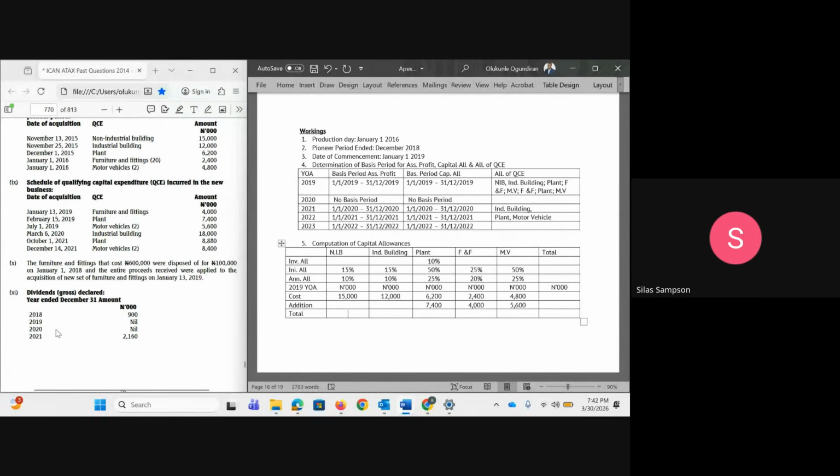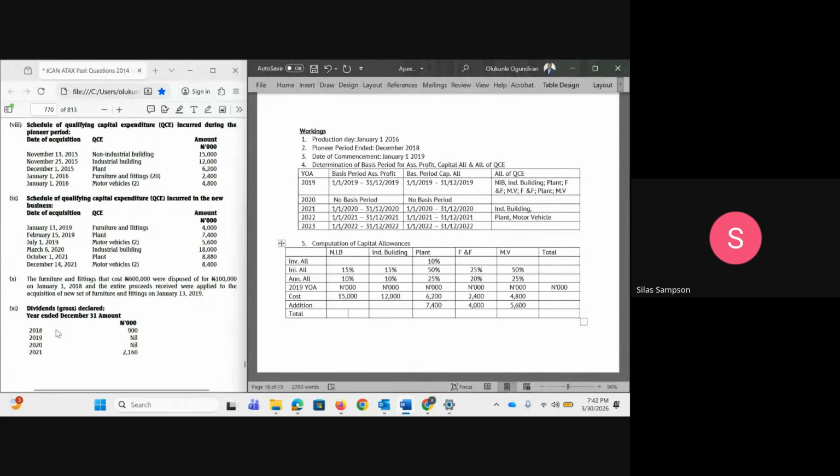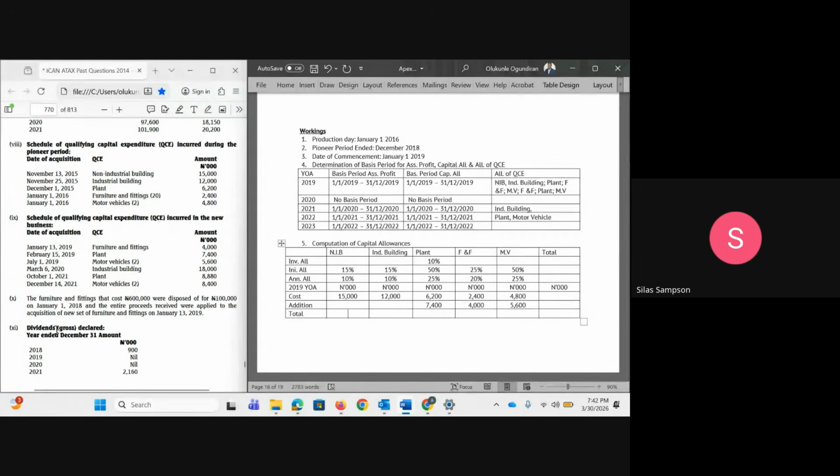The furniture and fittings that cost 600,000 was disposed of for 100,000 on January 1st, 2018, and the entire proceeds received was applied to the acquisition of a new set of furniture and fittings on January 13th, 2019. What that means is that the value of asset the examiner gave you is not correct.